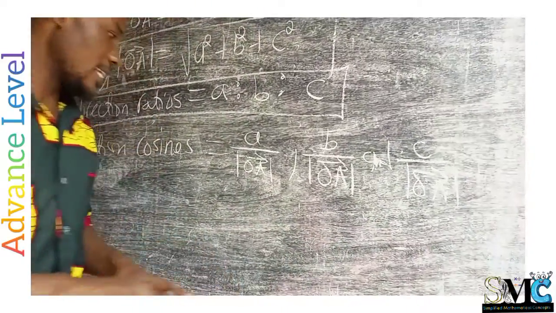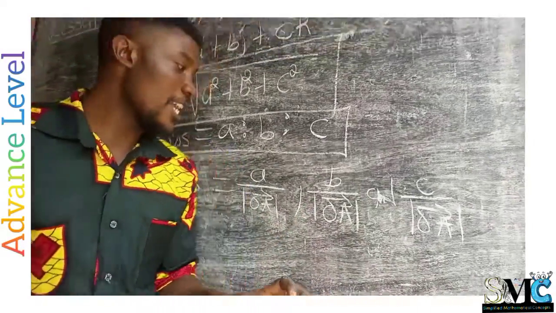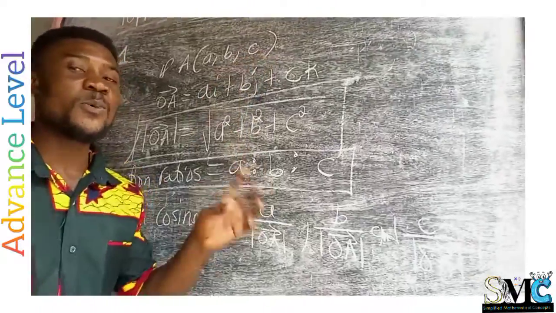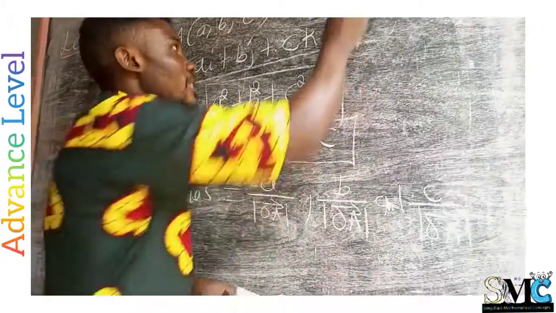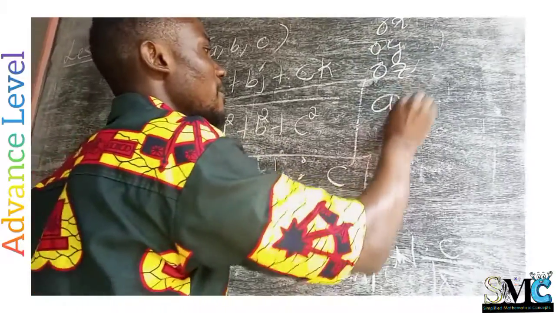What you should also note is that these direction cosines represent the cosines of the angles that this vector makes with the respective OX, OY, and OZ axes.